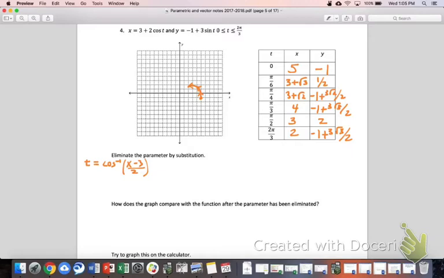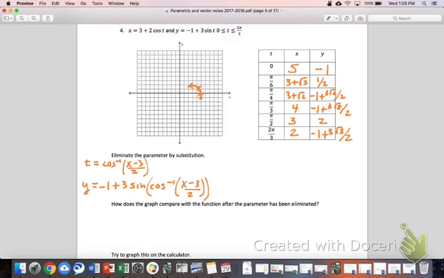Then we're going to substitute that into the other equation. The other equation is y equals negative 1 plus 3 sine of the inverse cosine of x minus 3 over 2. This looks pretty crazy, doesn't it?